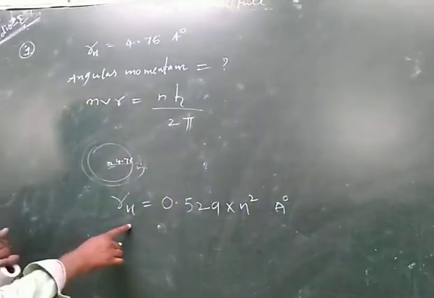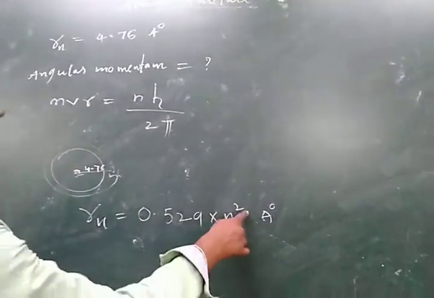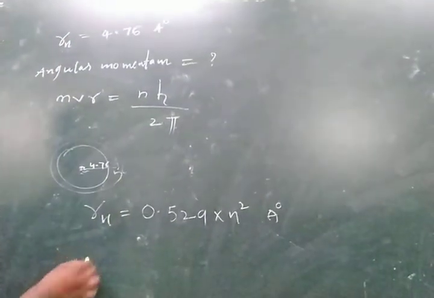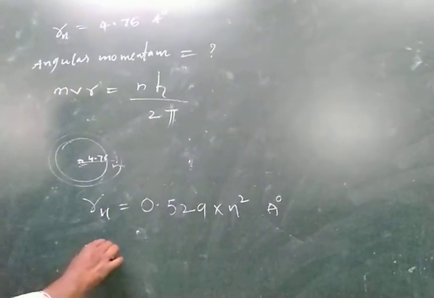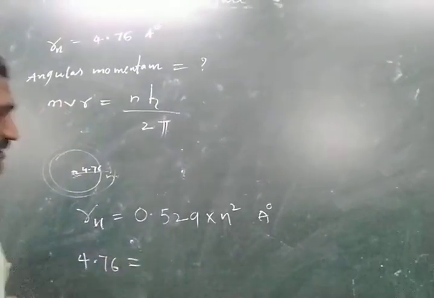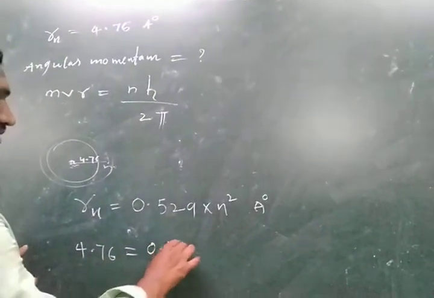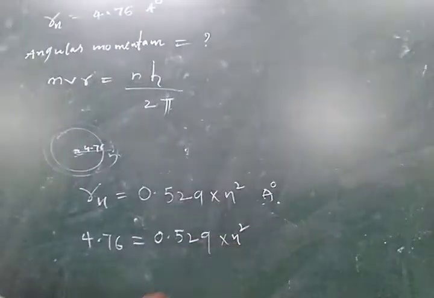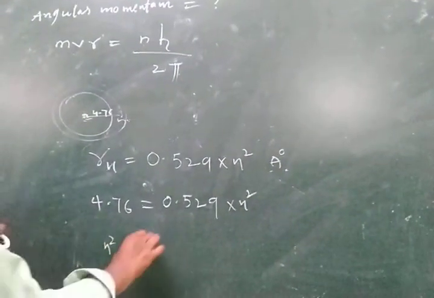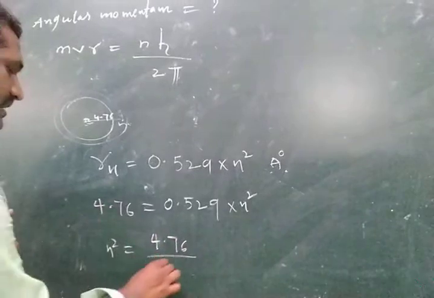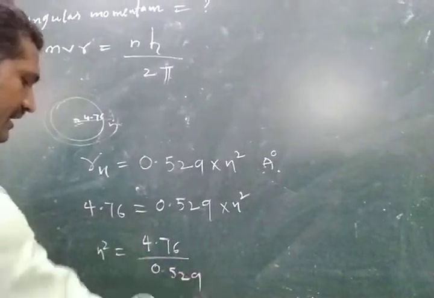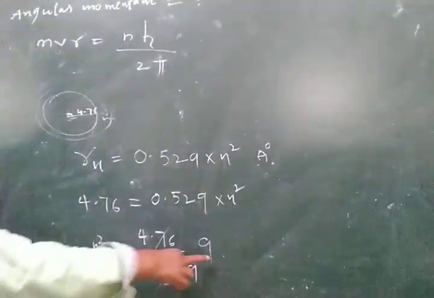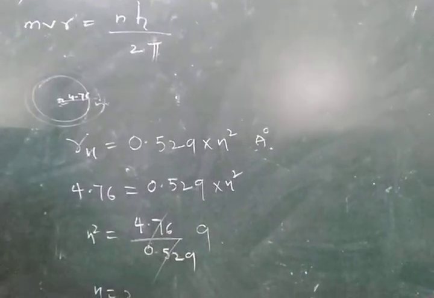This nth orbit radius they have given, 4.76 angstroms, equal to 0.529 into n square. Now n square equal to 4.76 by 0.529. If you simplify, this value will be 9. Then n square equal to 9, then n equal to 3.